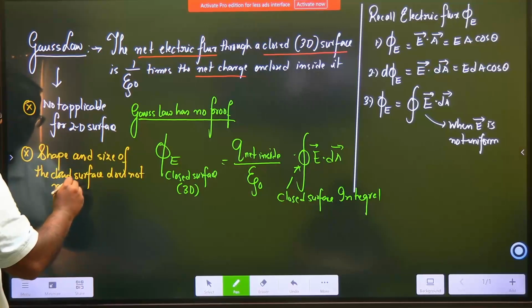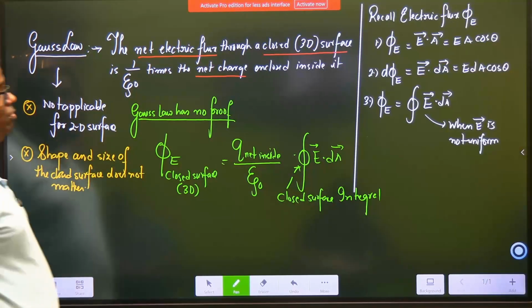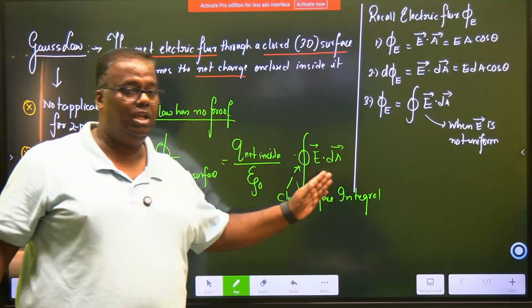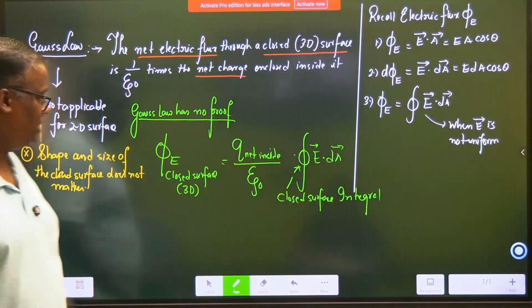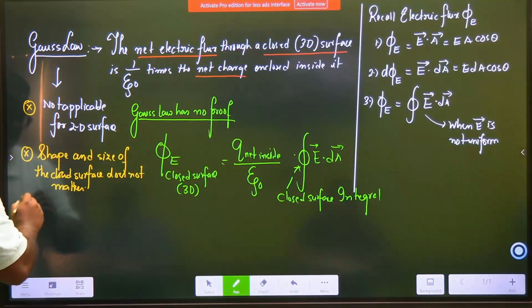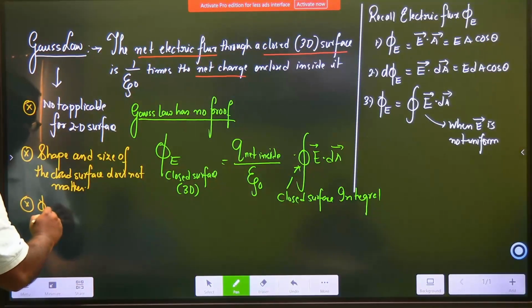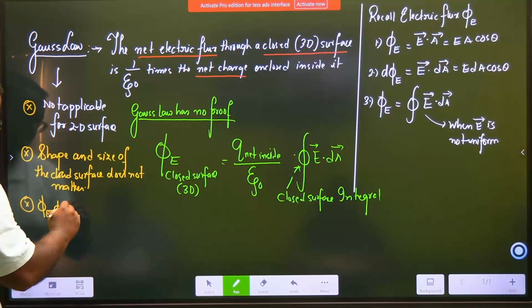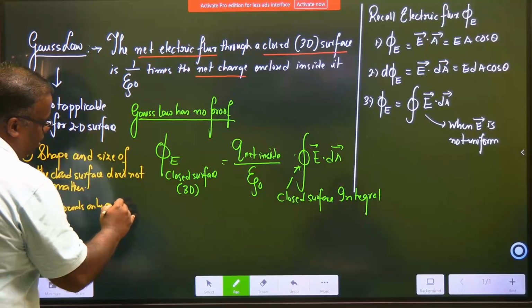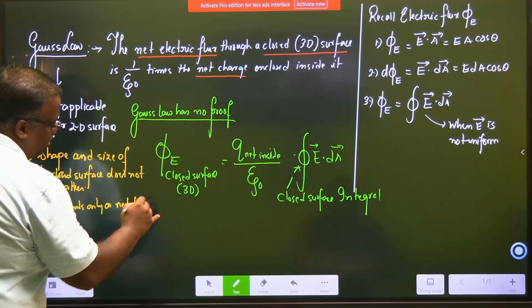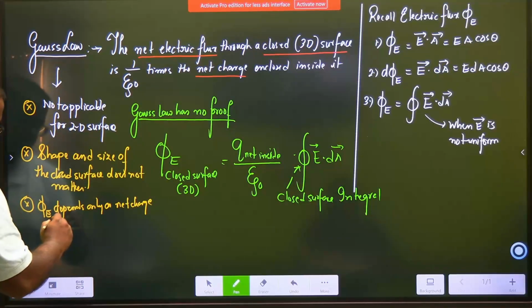Why does it not matter? Because you see the formula. The formula does not have anything which is dependent on the shape and size. Phi E depends only on net charge inside the 3D surface.